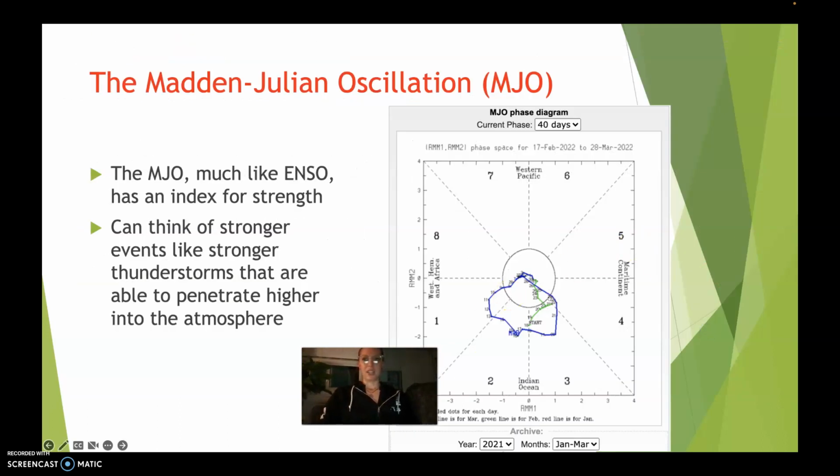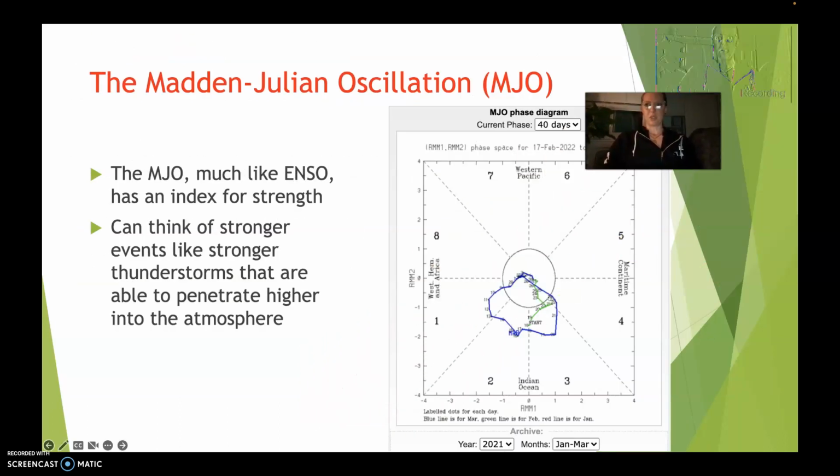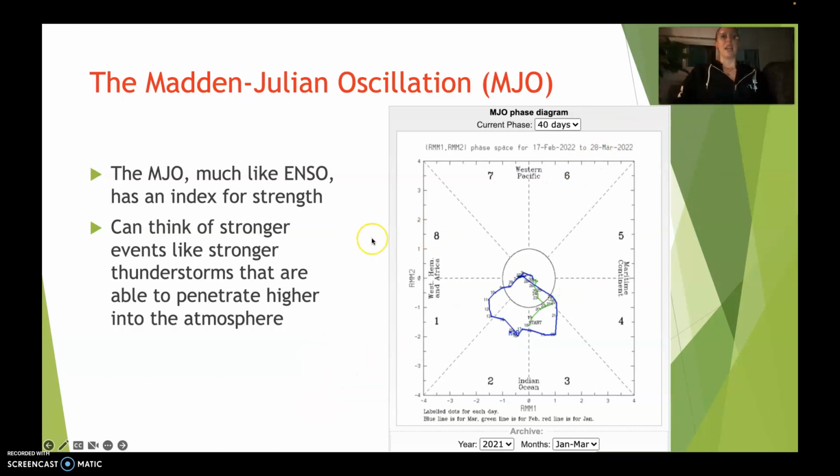And so we can look at this sort of oscillation very similar to how we do ENSO in that it has a strength. Basically, the stronger the MJO, the deeper the penetration of these thunderstorms into the upper atmosphere. What we see here is called the MJO phase diagram, and it indicates the different phases. And the line here is indicating the month and day in which the MJO is active.